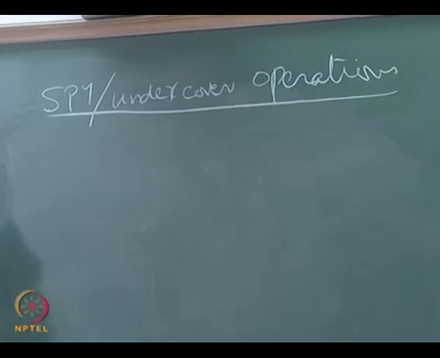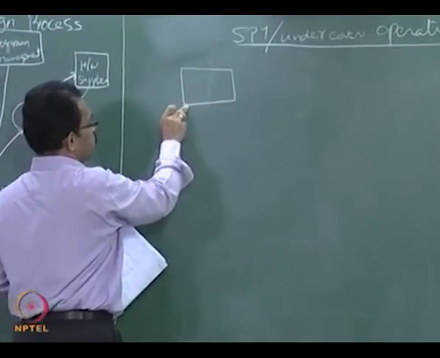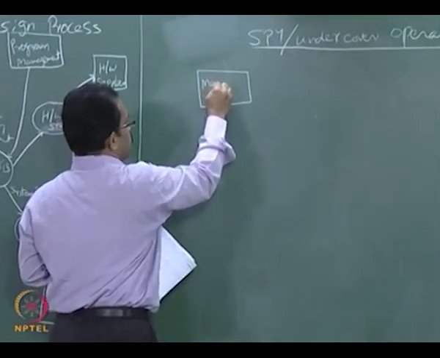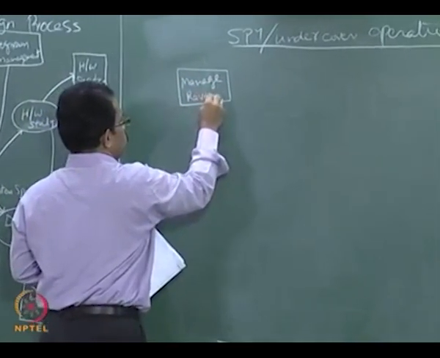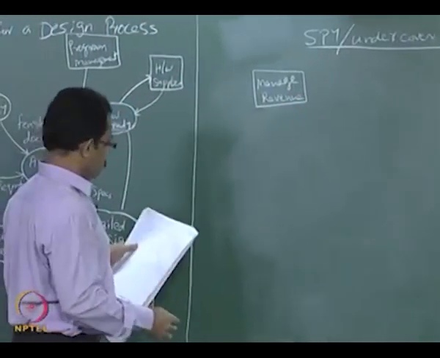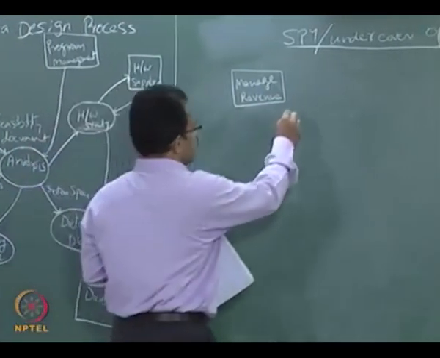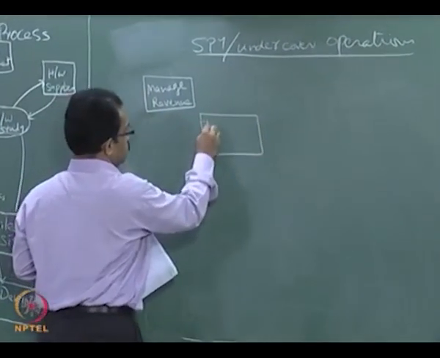Basically there will be a function to manage their revenues. Whatever the operation may be, there should be an entity which manages the revenues of this organization or the process. Then there will be another function where they plan their operations.